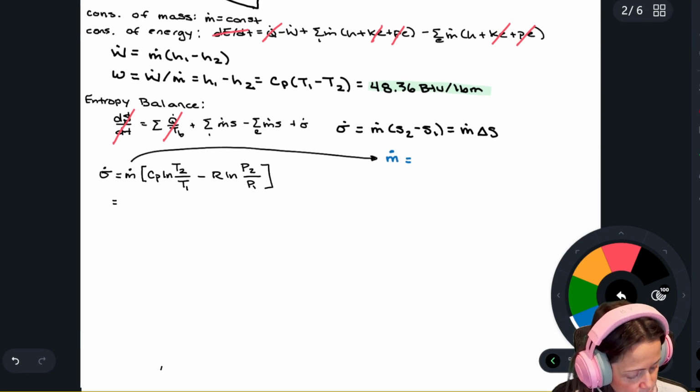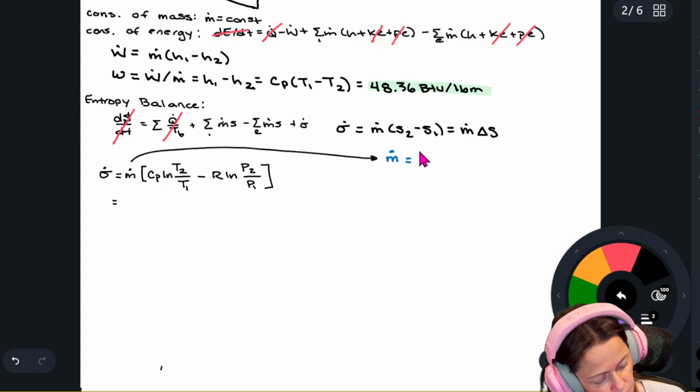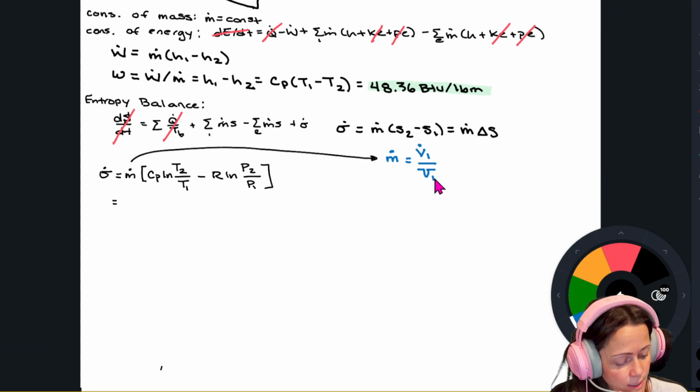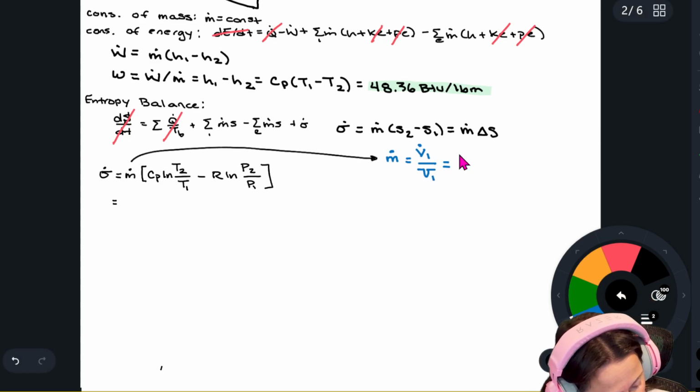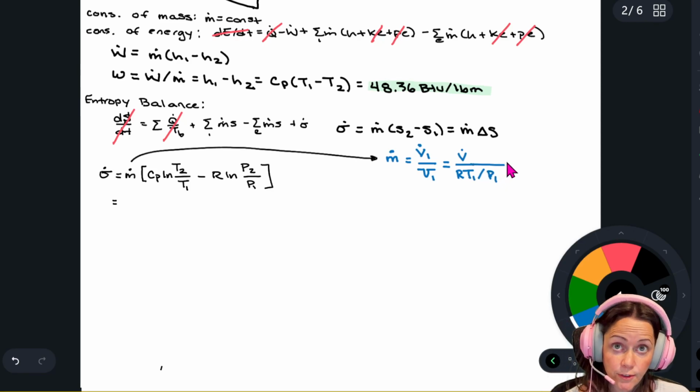We need that mass flow rate. We've got the volumetric flow rate. So this is going to be V dot, taken at state 1, over specific volume at state 1. And we have an ideal gas. So this is going to be V dot over RT over P. That R is our specific gas constant.